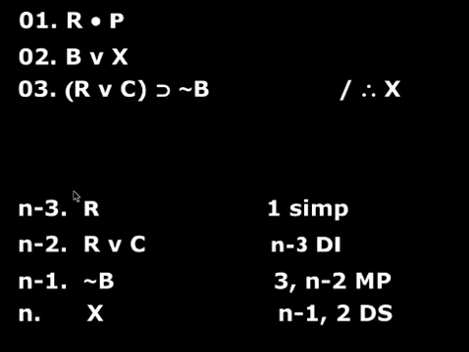Now I've made contact with my premises, right? The line that I got here moving backwards is something that I can get from stuff that's already there. So now I've got my entire proof here. I've got 3, this is going to be 4, 5, 6, 7. So I know now N equals 7.